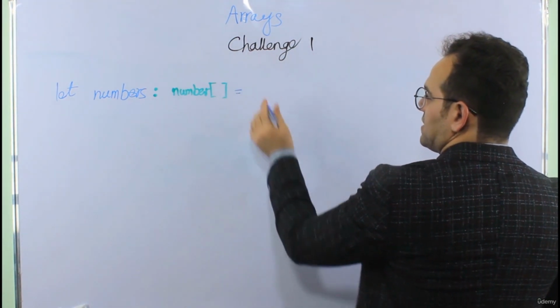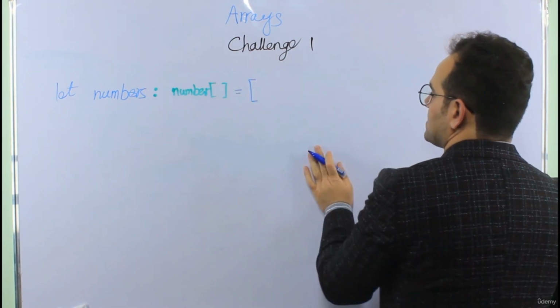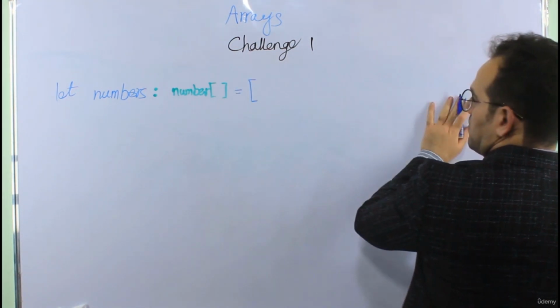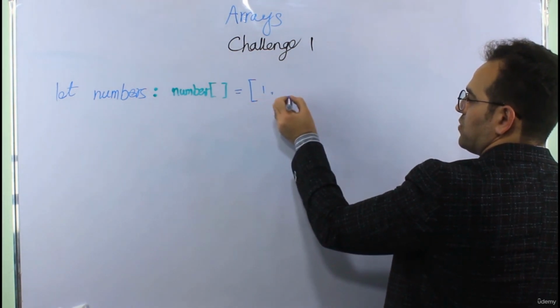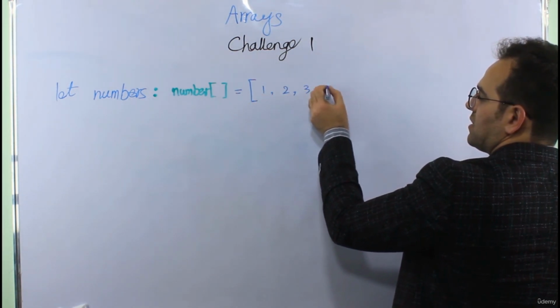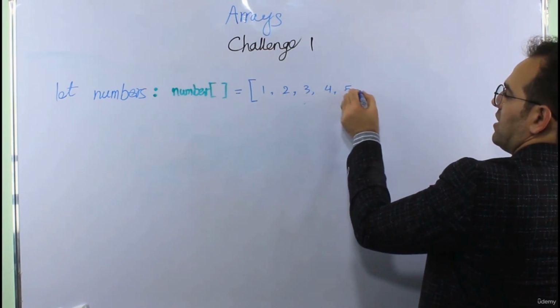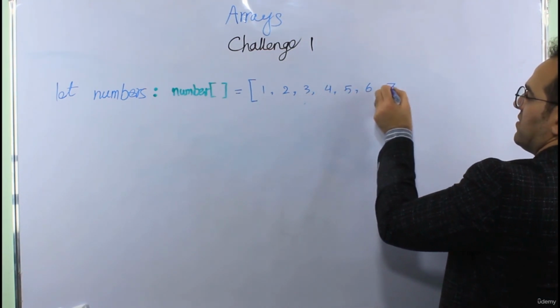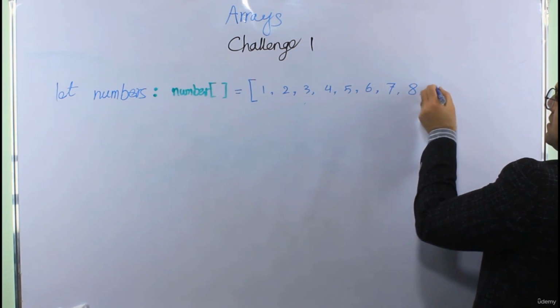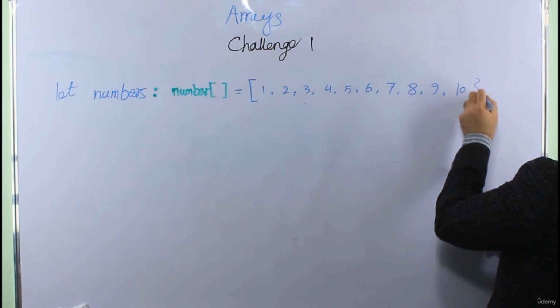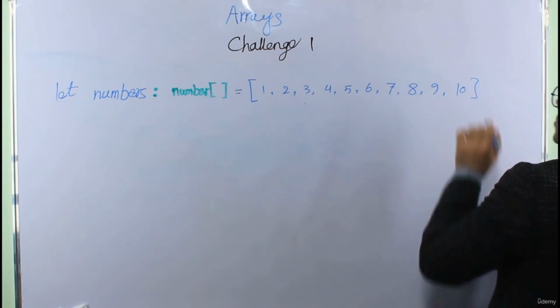And I'm going to assign it, so first the syntax, and then the members or the population. So I'm going to do 1, 2, 3, 4, 5, 6, 7, 8, 9. I don't know why I keep going, but I do.